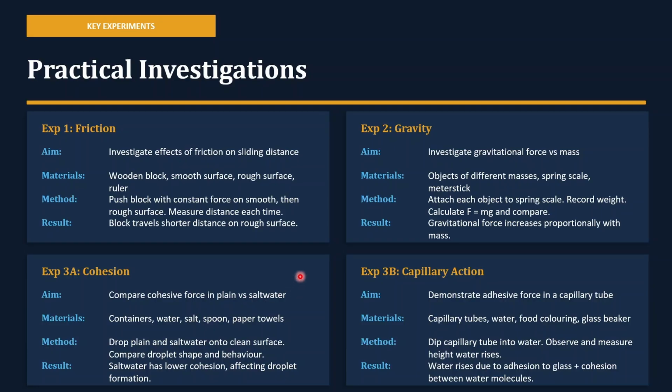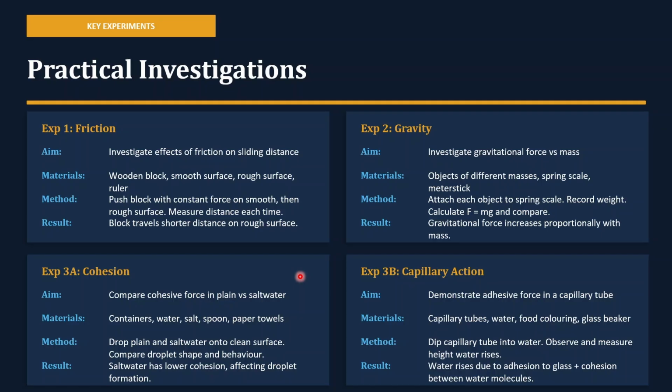Then let's look at cohesive force. We want to demonstrate cohesive force, and an experiment to do is to take two beakers or two bowls of water. For one setup, let's say setup A, water alone, then setup B, you add salt.